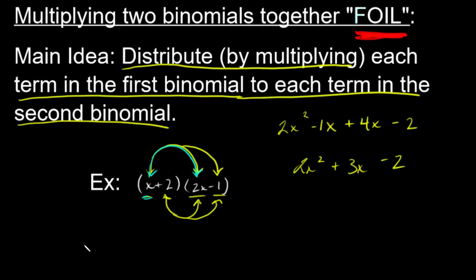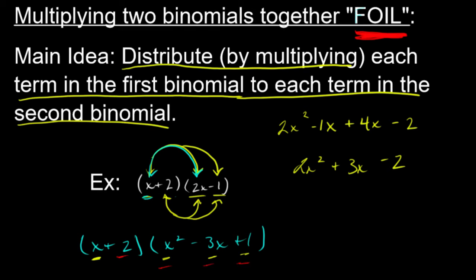Maybe, hypothetically, don't write this down, you've got something like this: x plus 2 times x squared minus 3x plus 1. Maybe you're doing this, and here foiling would not make sense. But if you have the idea that you're just distributing each of these terms to each of these terms, then you would be able to do it.